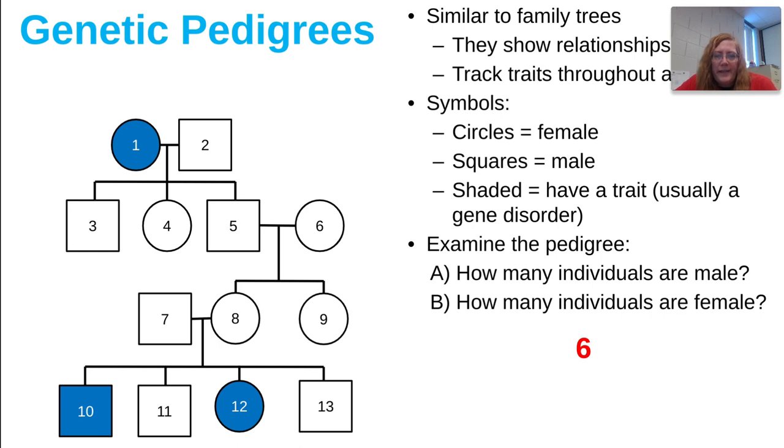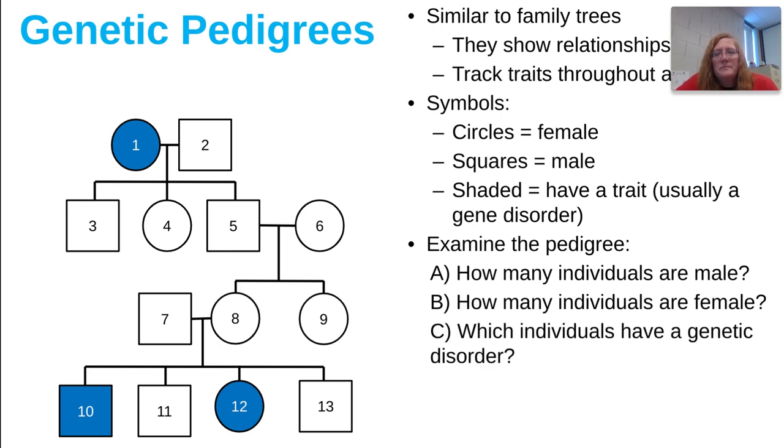You should have counted 6. Last question on this slide: which individuals have the genetic disorder? List the numbers. You should have said 1, 10, and 12.